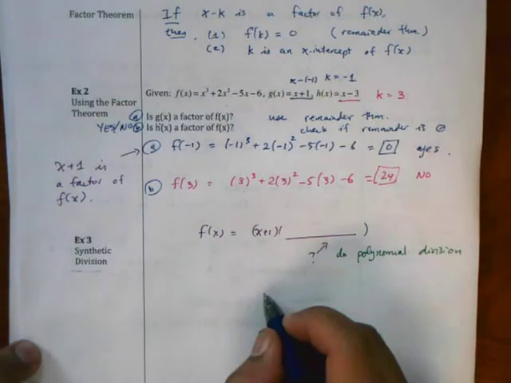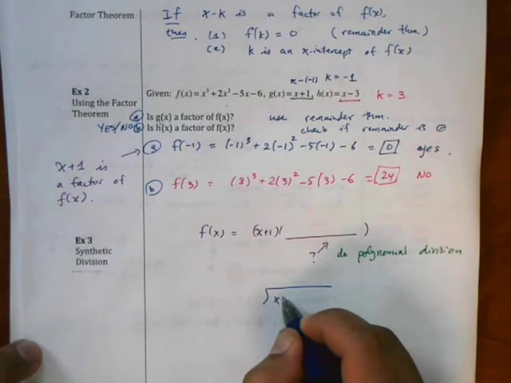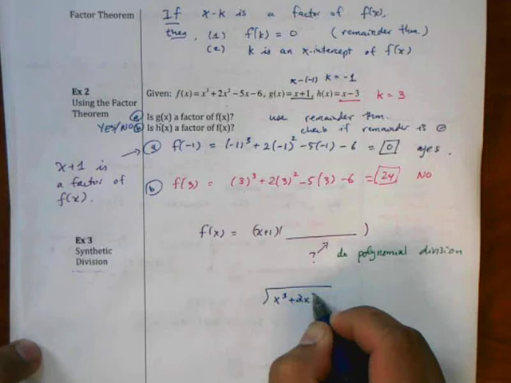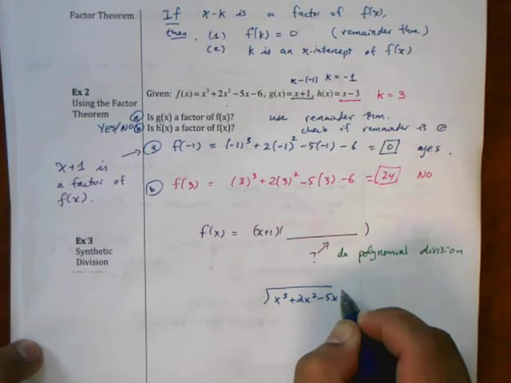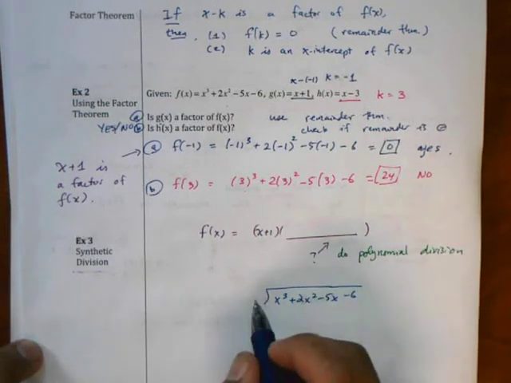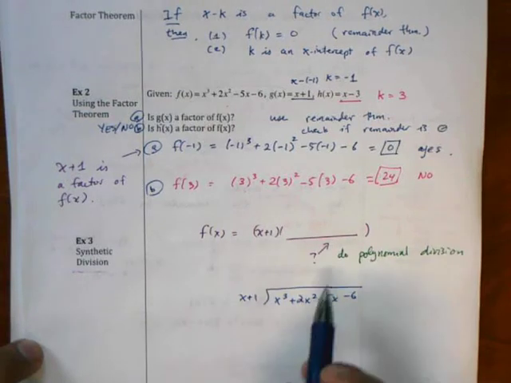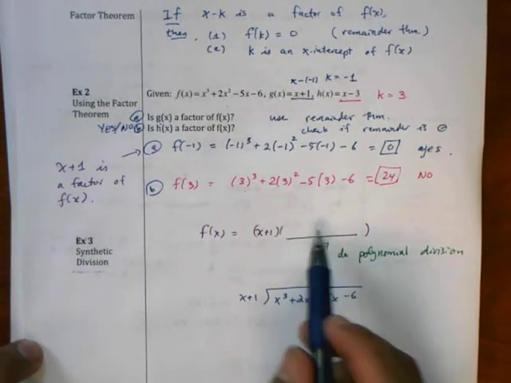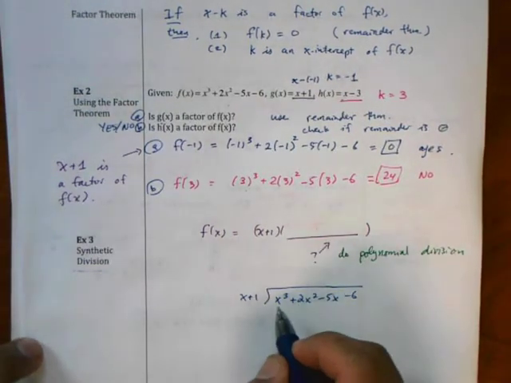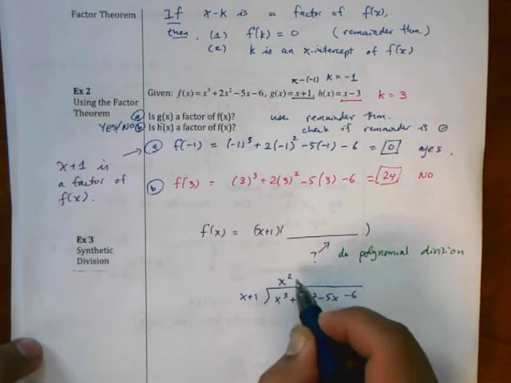We have x to the third plus 2x squared minus 5x minus 6. X plus 1 goes here, and whatever answer I get up here, that's going to go in here. So polynomial division: x to the third divided by x, that's x squared.